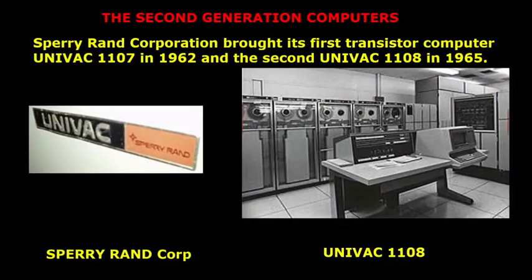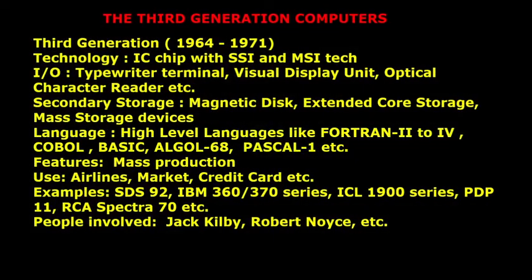Sperry Rand Corporation brought its first transistor computer UNIVAC 1107 in 1962 and the second UNIVAC 1108 in 1965. With this, the second generation of computers ends and the third generation starts from 1964.